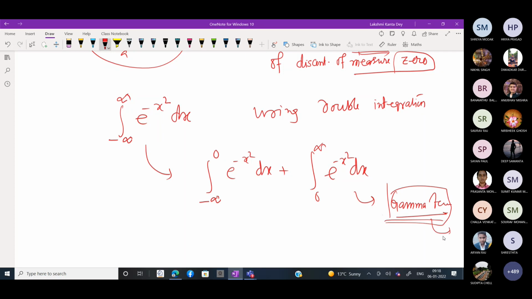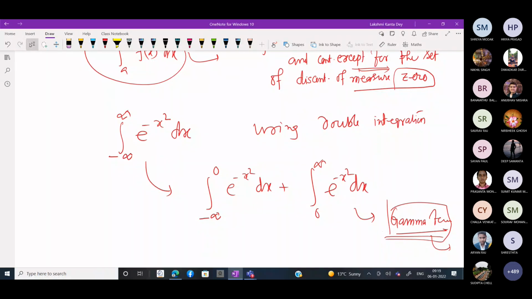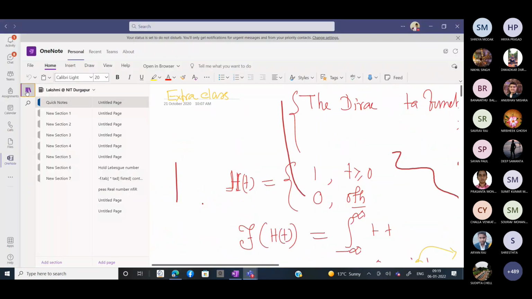If you go for the integration using the definition of integration, then that is really a tedious one. Okay, so you can do that, but the very simple way is to use double integration. You can use the change of variable to find the value of the Gaussian integral, and it has been done in the last class, right?